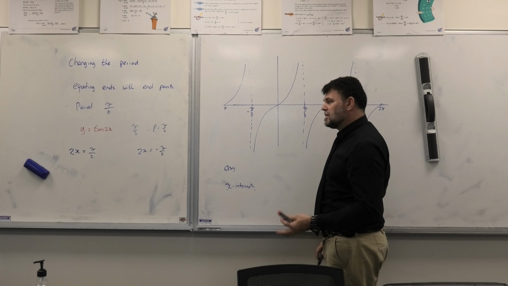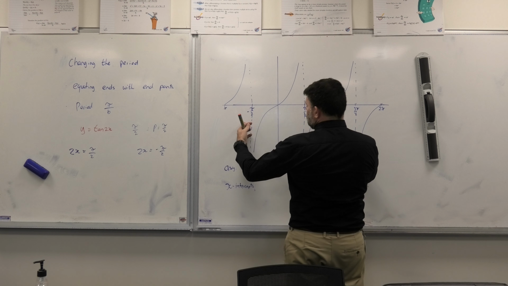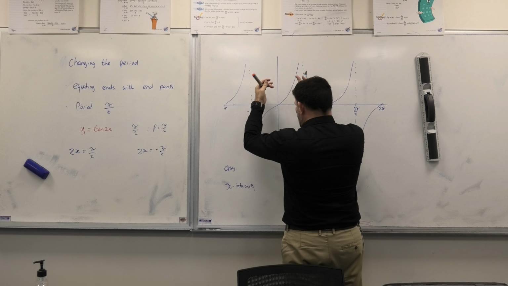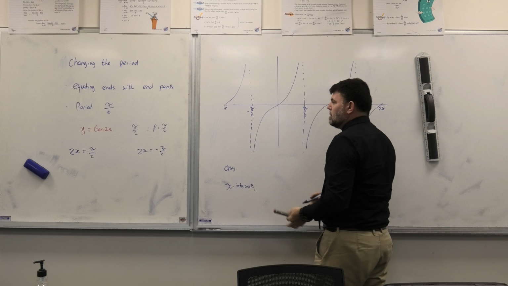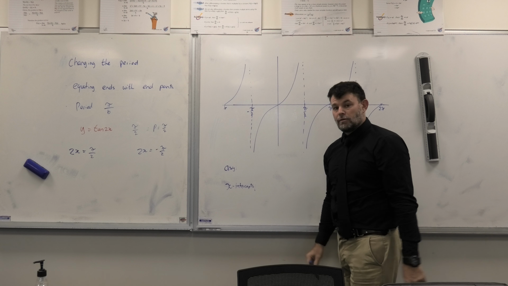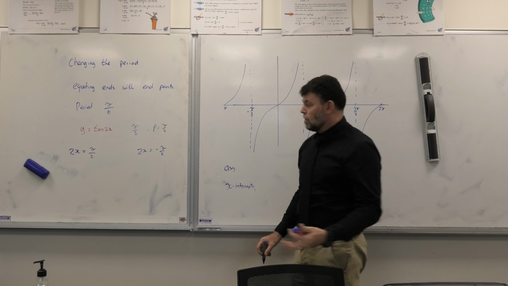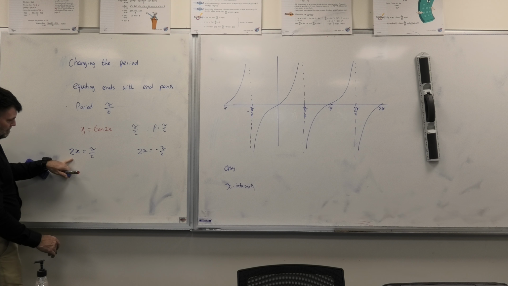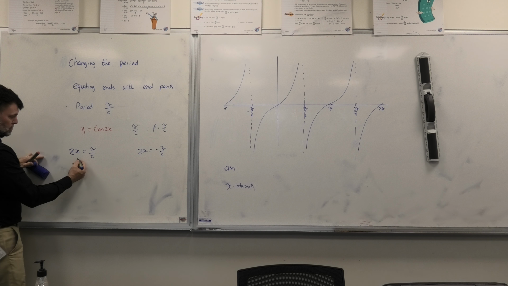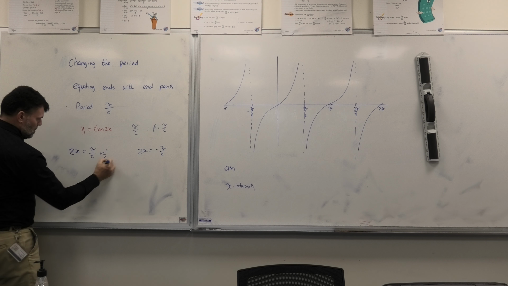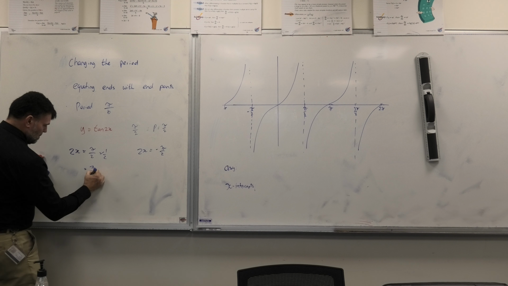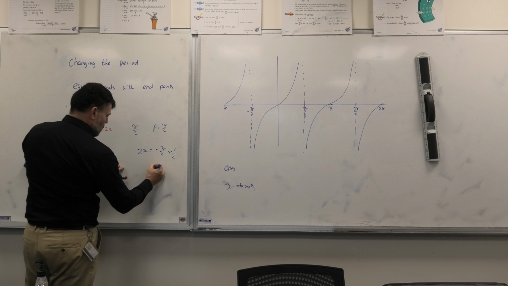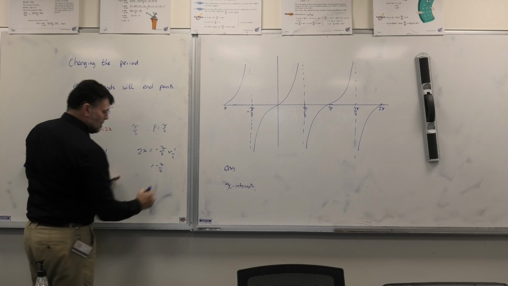Well, if you think about this clearly, if this here is a period of pi and I'm halving it, I'm going to have half a period. So on either side, it should be equal, and if I halve each of these, I should get pi on 4 on both sides. So let's see if that works. If we times each side by half, which is the opposite to dividing by 2, we do indeed get pi on 4. And if we do the same thing over here, we get negative pi on 4.